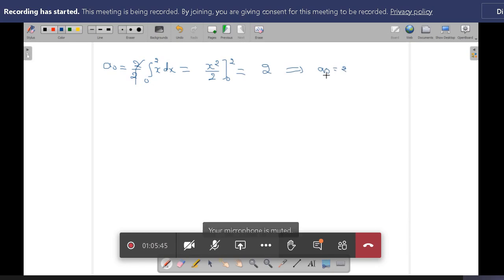Now similarly, we need to find an. So an is 2 by t, so 2 by 2 integration from 0 to t, that is 2, x into cos n pi x by t, t is 2, dx. Again the 2s cancel, we get 1.